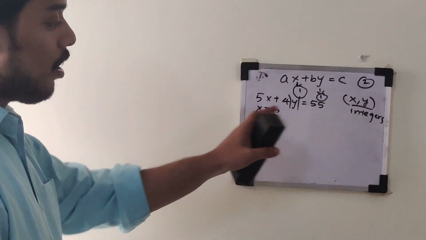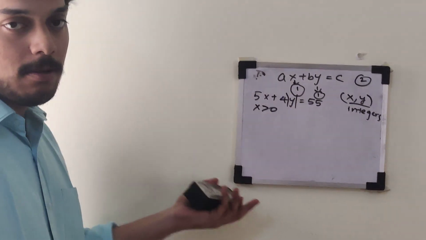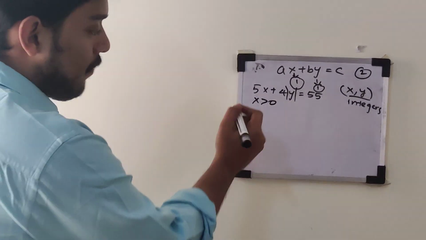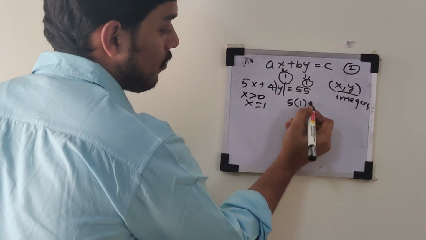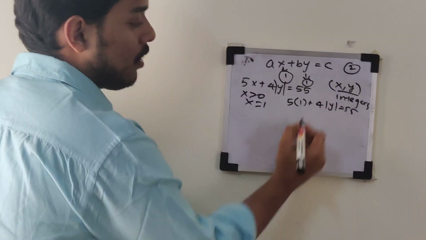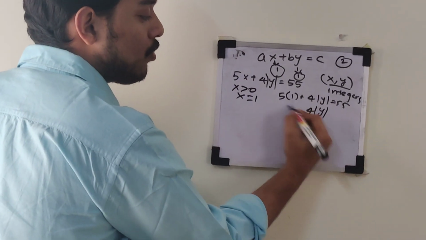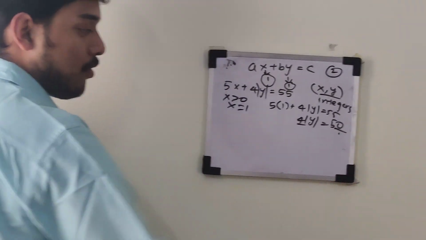To solve this equation we need to go by the trial method only. Like if x is equals to 1, 5 into 1 plus 4 mod y is equals to 55, means 4 mod y is equals to 50, and 50 is not divisible by 4.